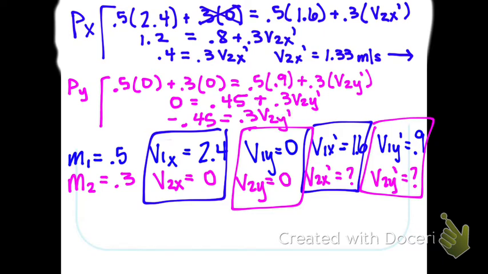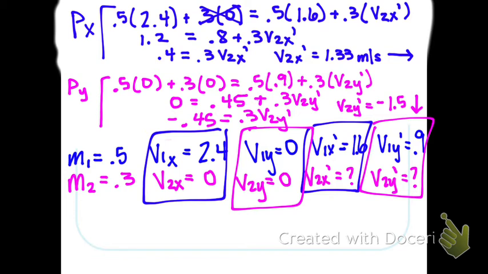And so when I do that, I get V2Y prime equal to negative 1.5. Okay, so what direction does it mean that we're going in the y-axis? South, right? And that's kind of what we expected, based on just the visual of what we're used to with collisions.